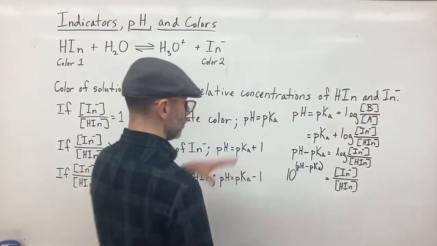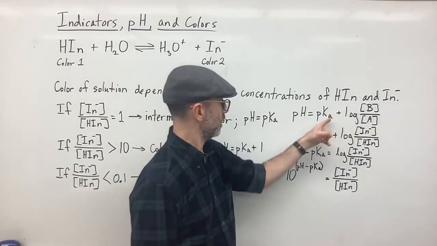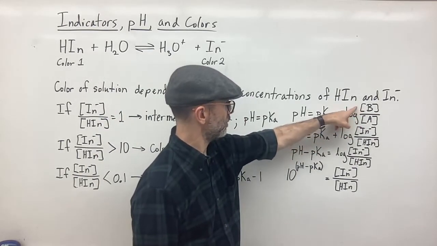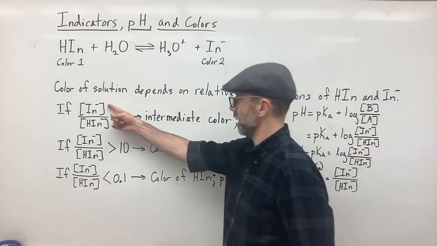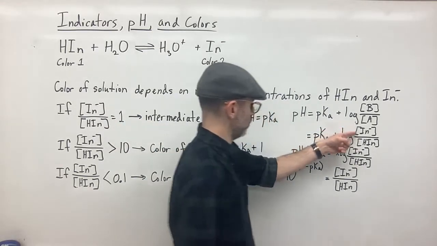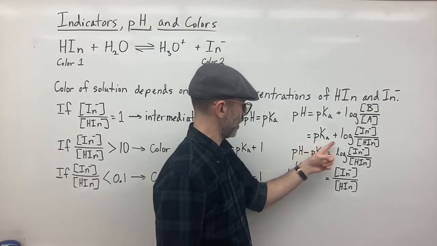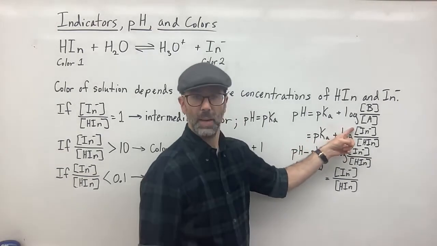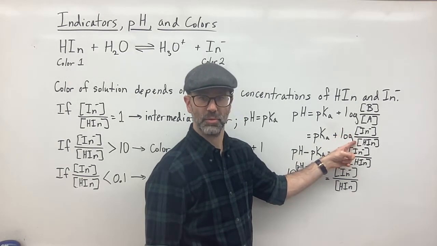And so going back here to the Henderson-Hasselbalch equation, since we've got the concentration of base over acid here, and we're looking at the concentration of acid and base here, we can put that into this equation. So here we have the pH is equal to pKa plus the log of the base form of the indicator divided by the concentration of the acid form of the indicator.